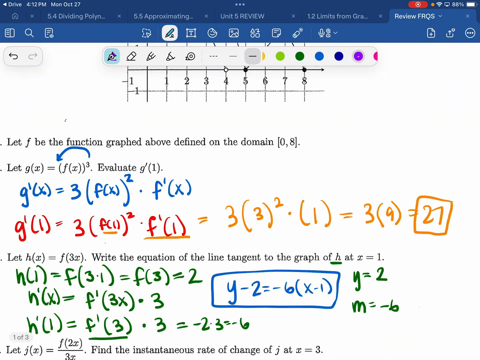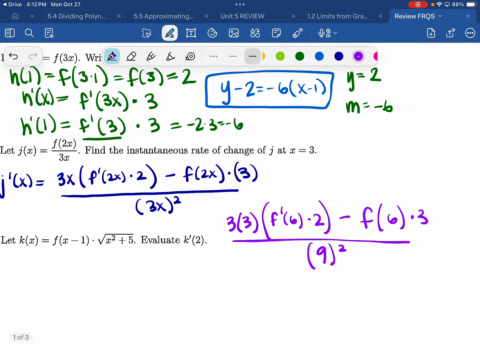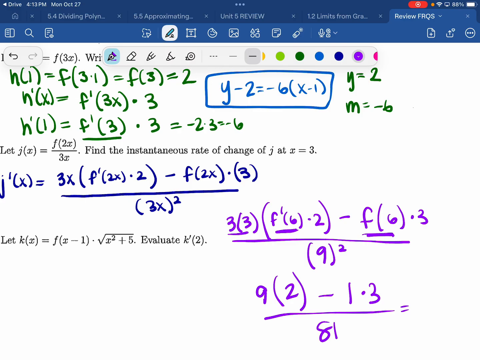All right, so f prime of 6 and f of 6. So 6 is right here. So f of 6 is 1 and the slope is 1. So they're both going to be 1. So my final answer, 3 times 3 is 9. You don't have to simplify that, but this guy's going to be 1 times 2. This guy's going to be 1 times 3. And then 9 squared is 81. So you could stop there, or you could keep going and go 18 minus 3 over 81. I'm going to stop there. I ran out of space.